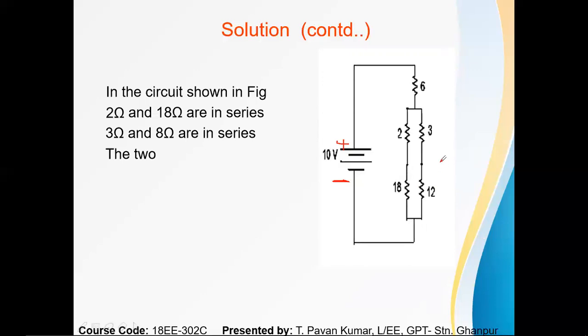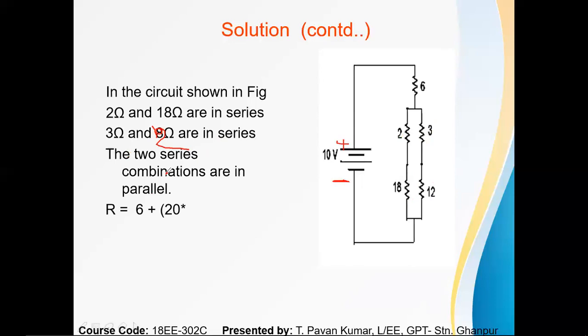In the circuit shown in figure, 2 ohms and 18 ohms are in series, and 3 ohms and 12 ohms, sorry, that is not 8, 3 and 12 are in series.